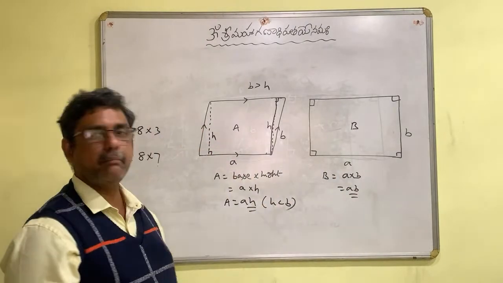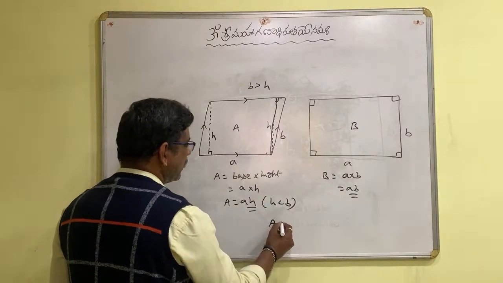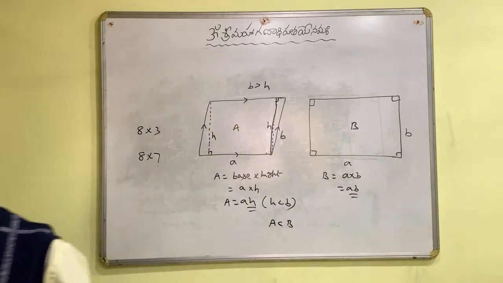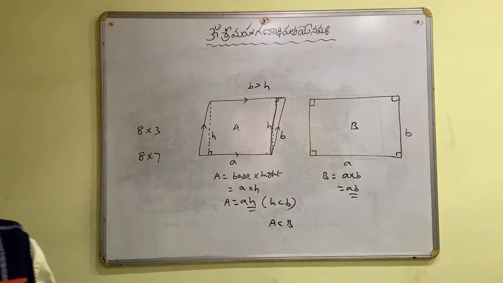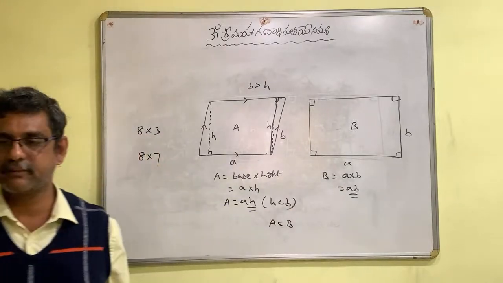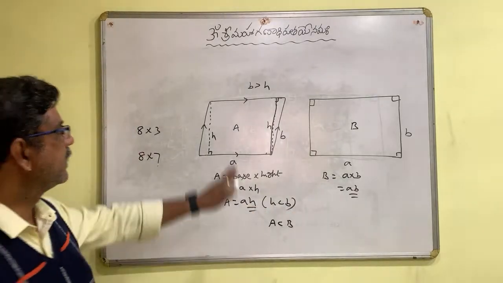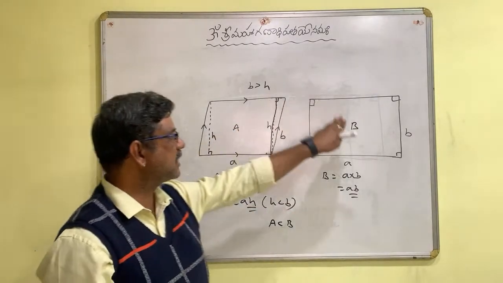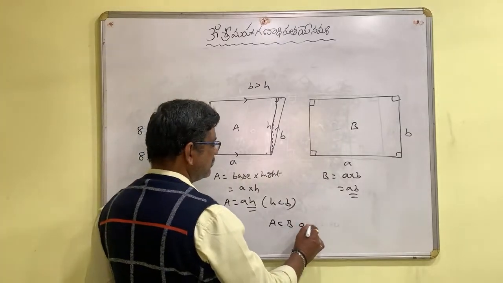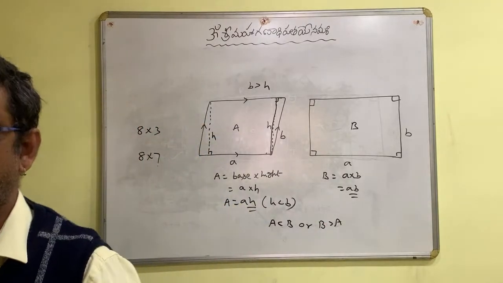But here H is less than B. That means the area of the parallelogram is less than the area of the rectangle, because B is greater than H, or H is less than B. So the area of the parallelogram is less than the area of the rectangle, or the area of the rectangle is greater than the area of the parallelogram.